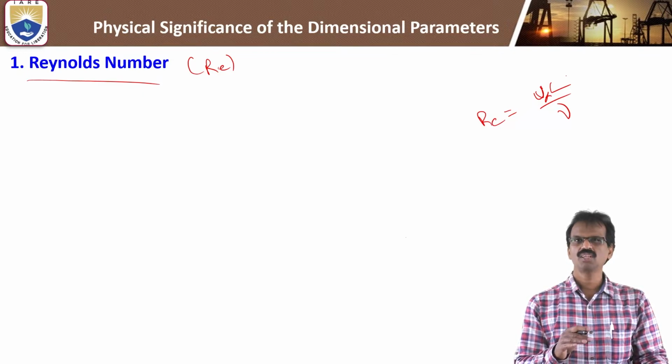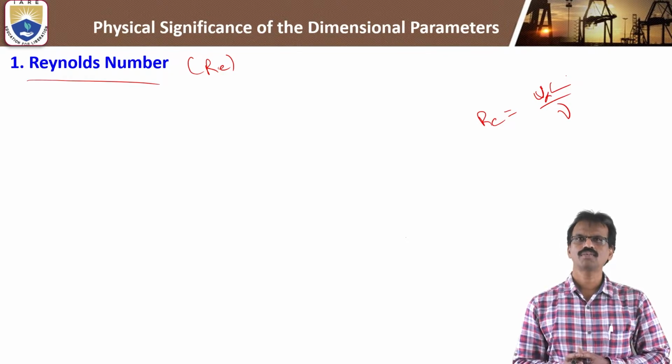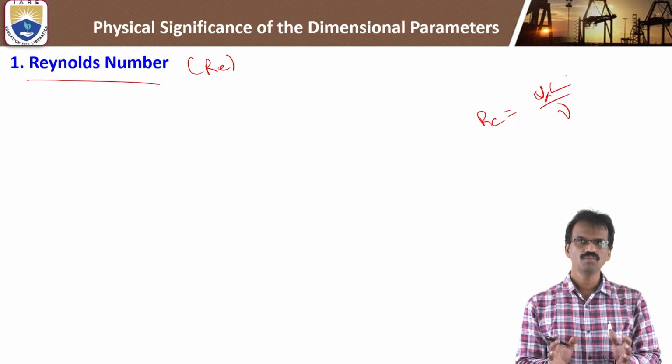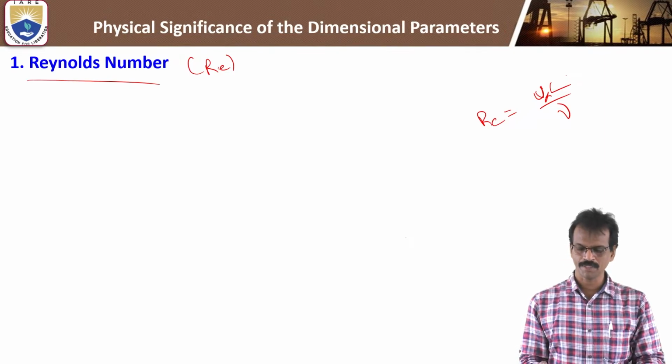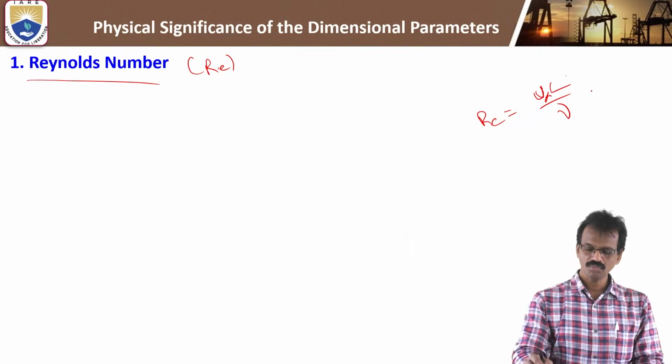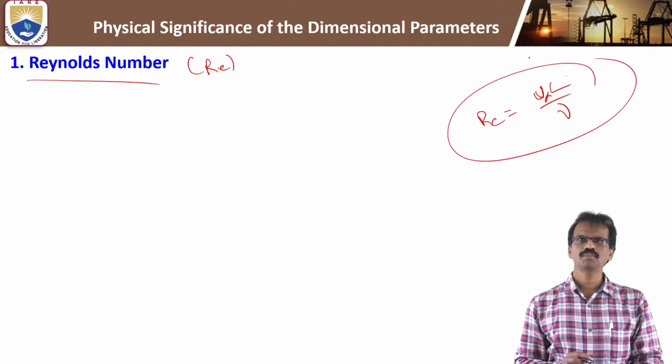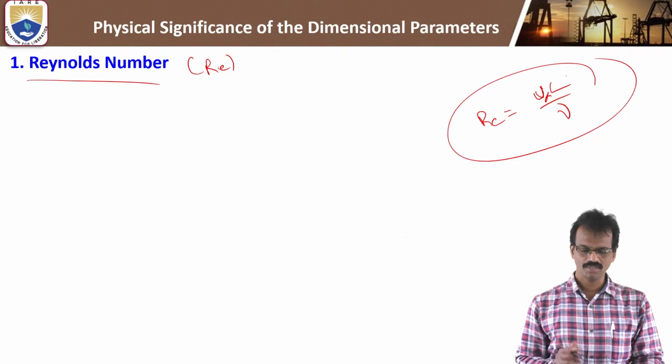In forced convection we consider the fluid velocity, because in forced convection, by using some external agent, the flow will occur. So that is forced convection. So in forced convection, the influence of the Reynolds number is very high.